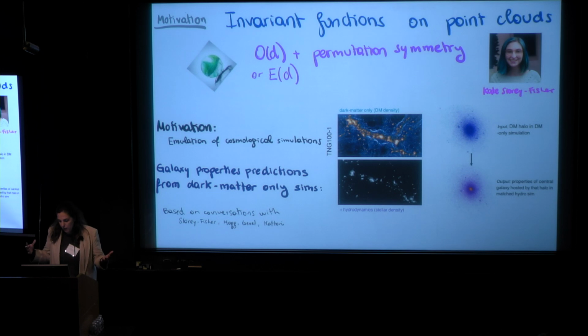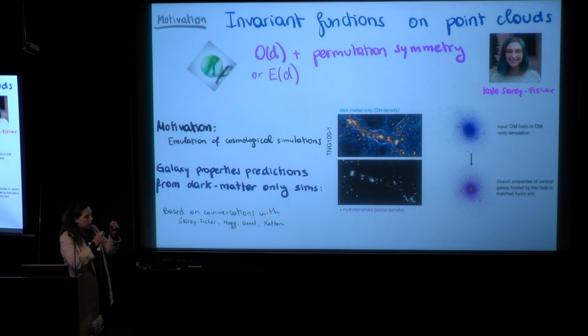So the motivation for this project came from a conversation with Kay Story-Fisher, who was a PhD student here in New York. Basically, she was looking at regression problems on point clouds coming from dark matter simulations. She had dark matter simulations that were very massive, and she wanted to use those to infer properties of other simulations that were more expensive, like hydrodynamic simulations.